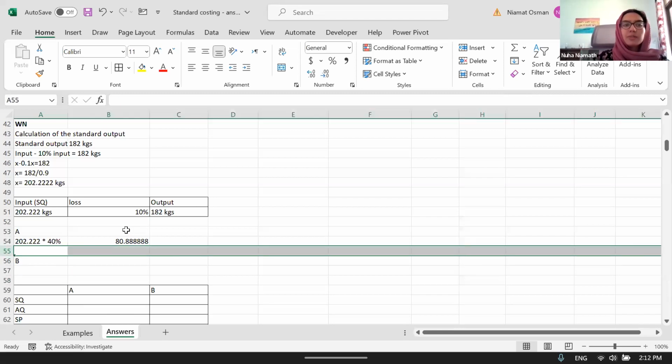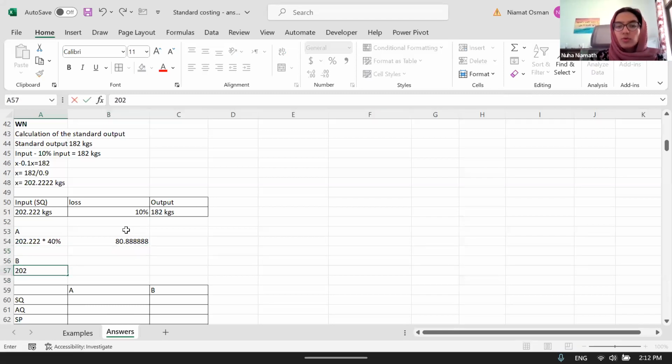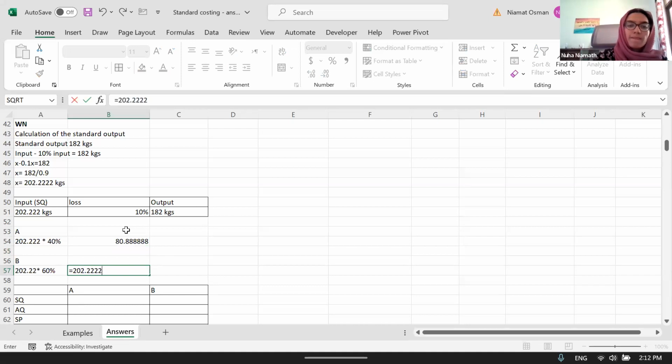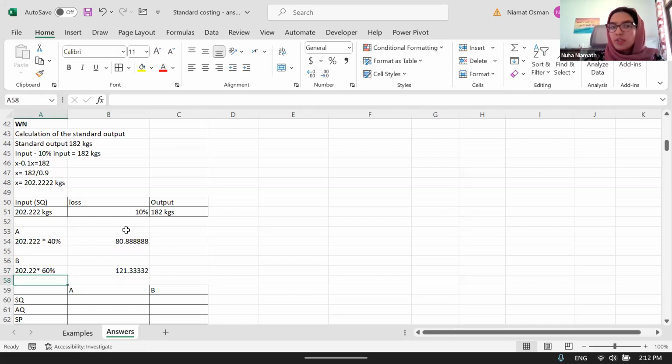And what will be my B? B is 60%. So 202.22 into 60% will give me 121.3332. Is everybody clear so far?